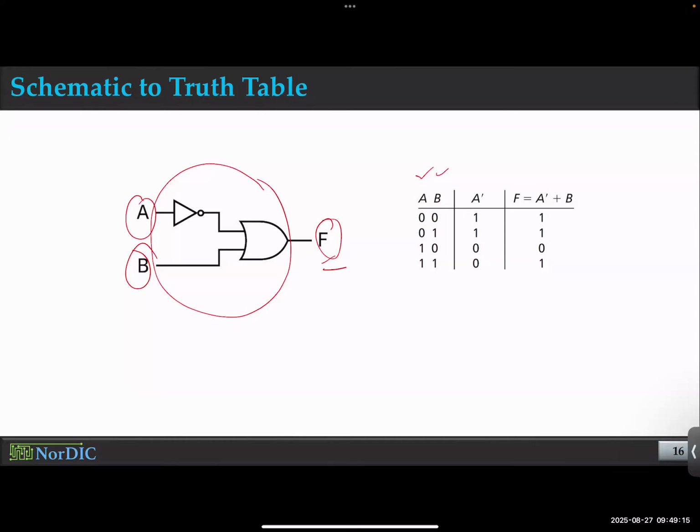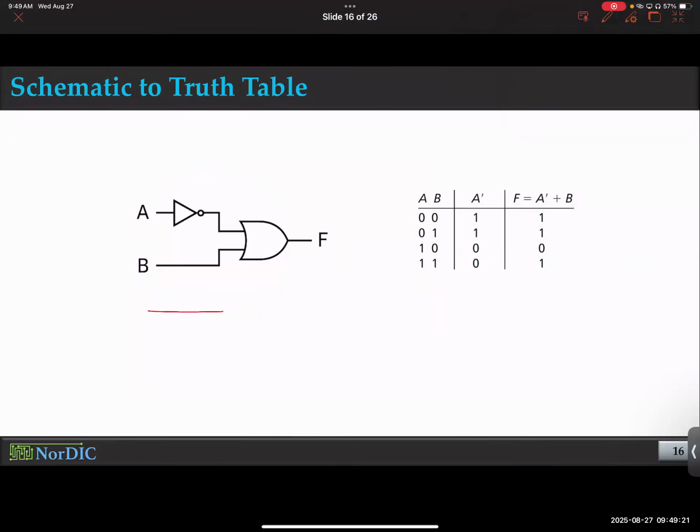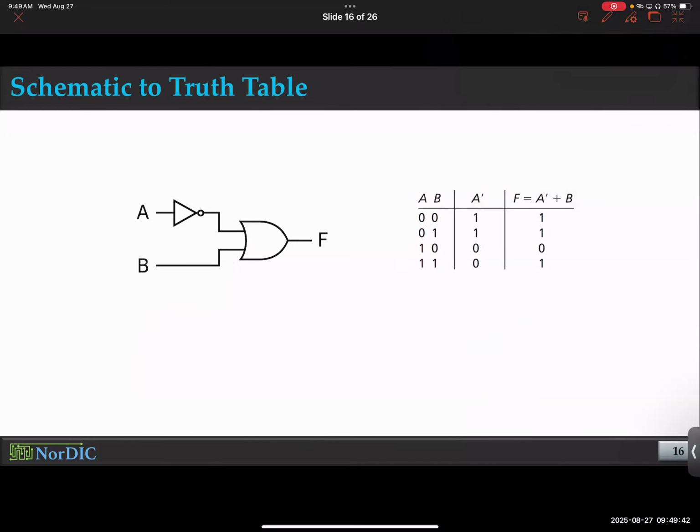And with 2 variables, you have 4 possible combinations. Right? Now, if I somehow add one more input to this, C, this is not the truth table you need. You need a truth table with A, B, and C, and you have 0, 0, 0, 0, 0, 1, and so on. Total 8 combinations, as you can see, ending in 1, 1, 1. Make sense? So basically, your circuit determines the size of the truth table.